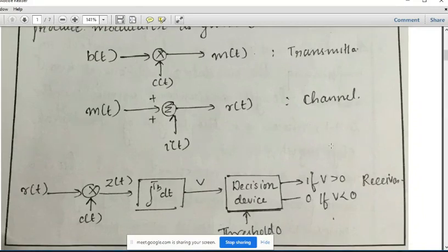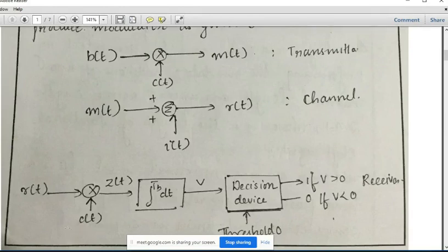Now going on to the receiver side, the destination side. Here we have r(t), which is m(t) plus the interference i(t). We have another product modulator with c(t), the same PN signal which we used in the transmitter.